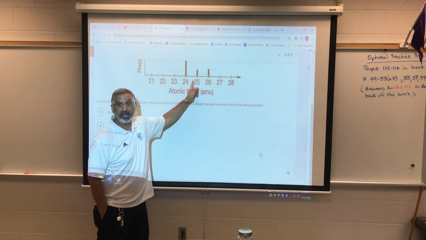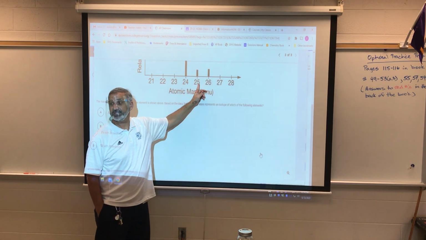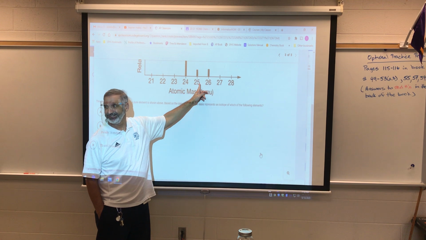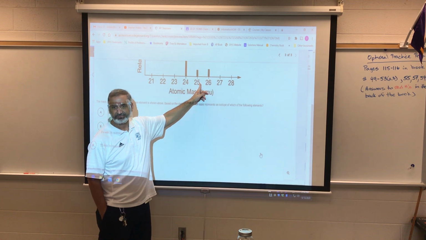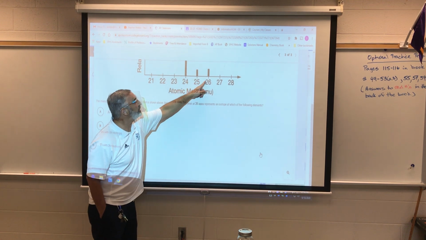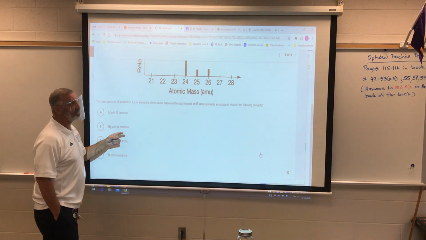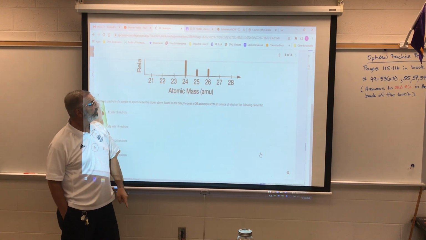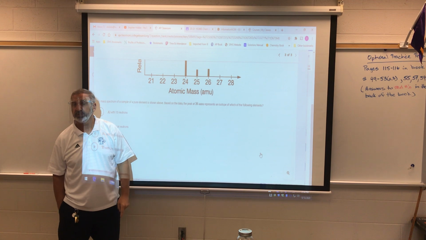This is not saying how many neutrons something has, because what does a mass spectrometer measure? Mass. So how do I know which one, whether it's aluminum or magnesium? The periodic table.